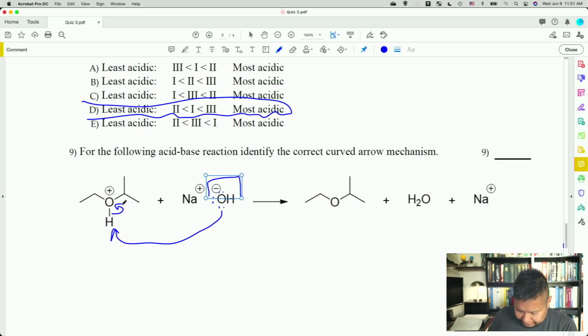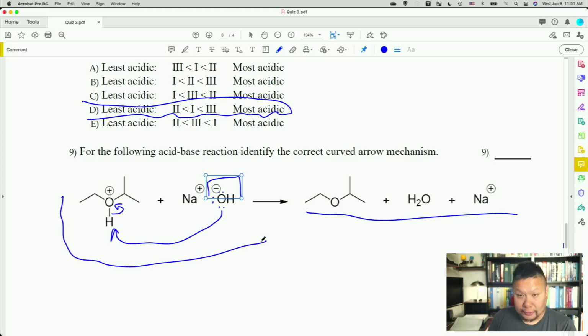That's how you get this here. So your curved arrow mechanism will have the hydroxide electrons coming over to pull off the proton, and then the electrons between the proton and the oxygen will go to the oxygen. Let's see which one that is.